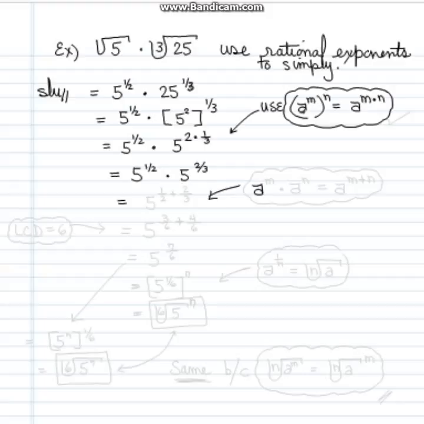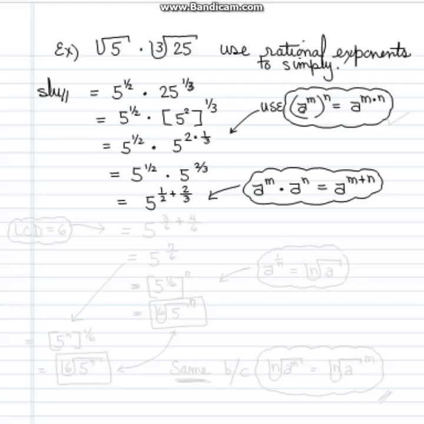It says a raised to the m power times the same base a raised to the n power is equal to a raised to the m plus n power. So that makes this 5 raised to the 1/2 power plus 2/3 power.